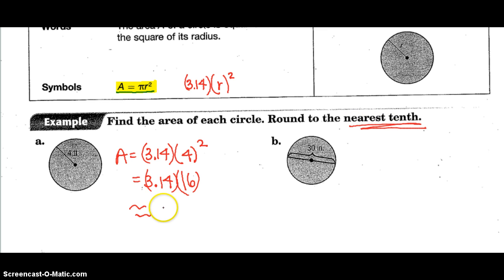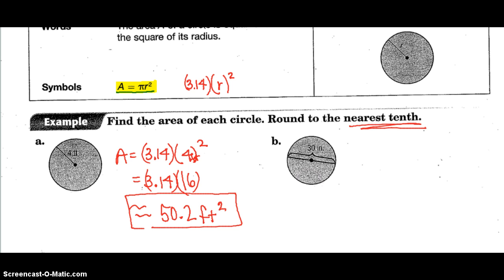I always need to read all of my instructions. So it's about 50.2. And our unit of measure here was feet, and by the way, it's area. So we had feet squared. 4 feet times 4 feet gives us feet squared. And area will always be the unit of measure squared.